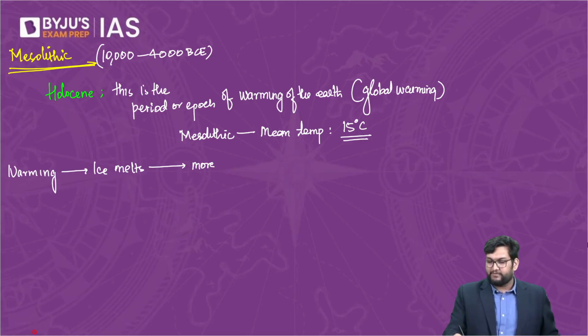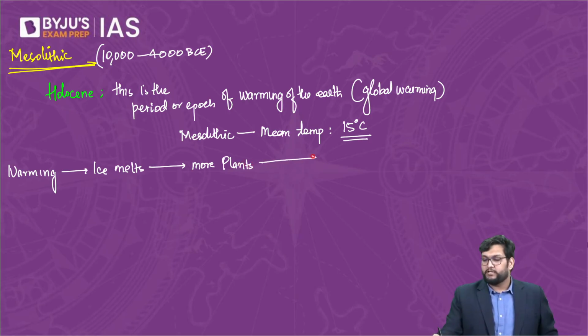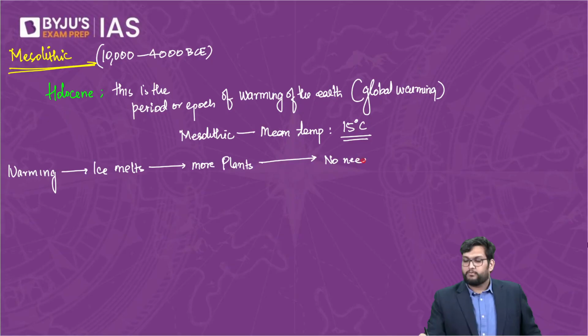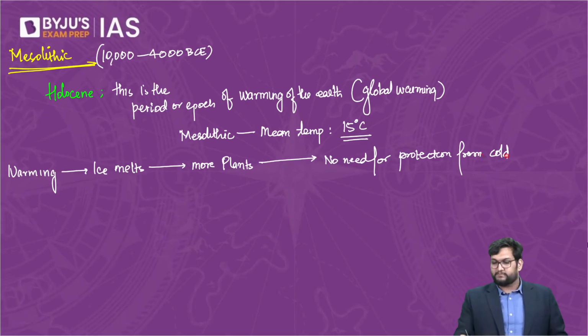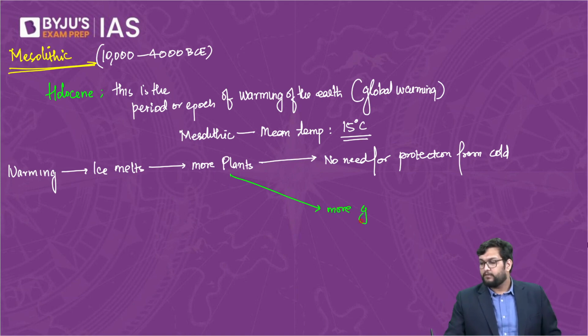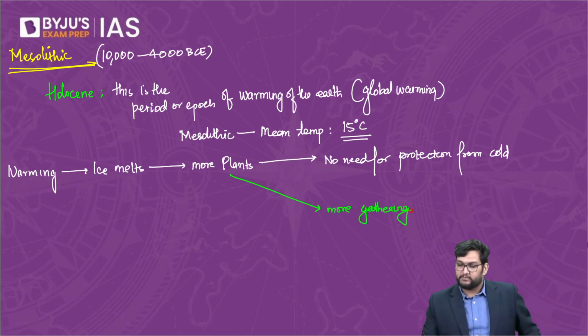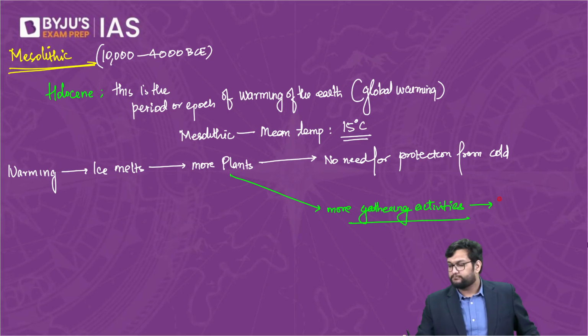Mean temperature means average temperature, more plants, and no need for protection from cold. More plants also means one thing, which is more gathering activities. So you can have more food available because you have more plants to eat.